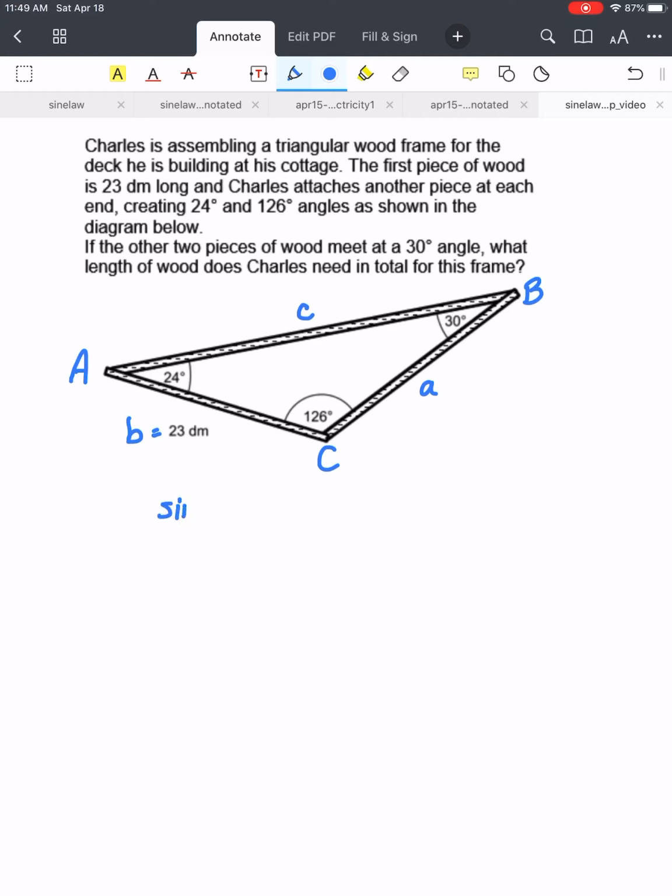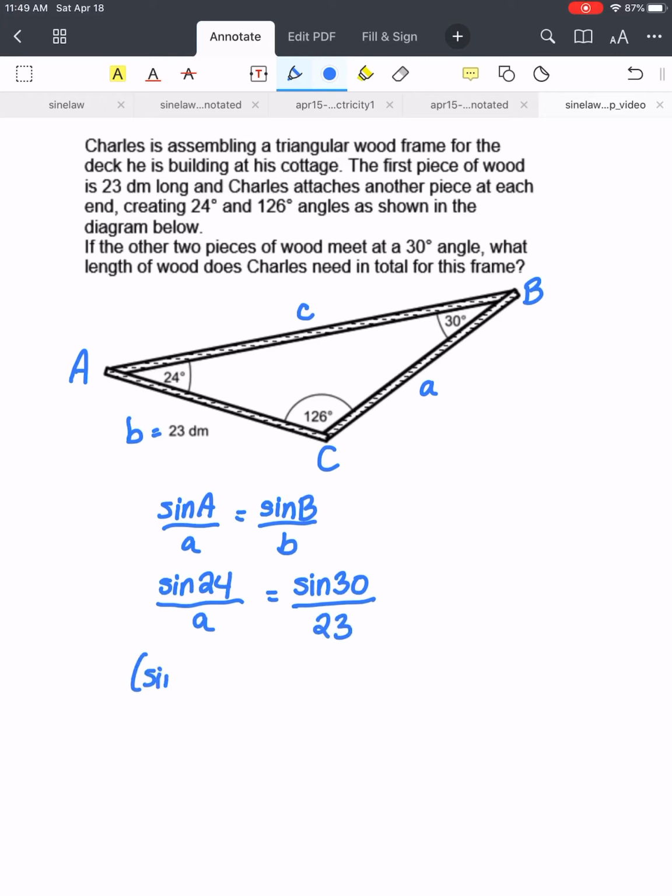We can do sine A over a equals sine B over b: sine 24 over a, that's what we're looking for, is sine 30 over 23. We can cross multiply. Sine 24 times 23 is equal to a times sine 30. We divide both sides by sine 30.